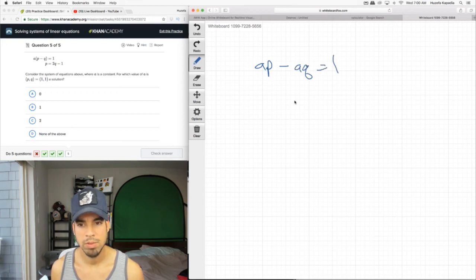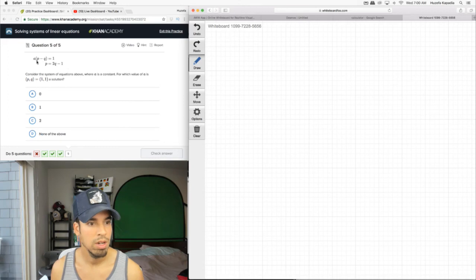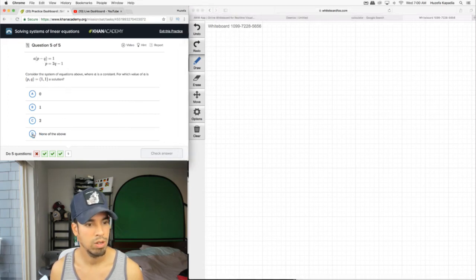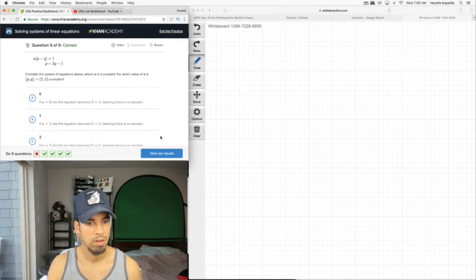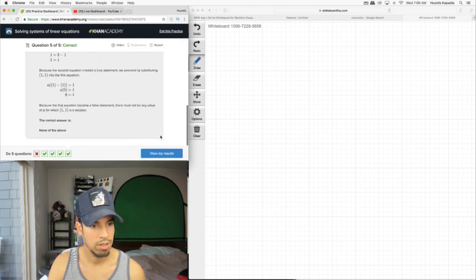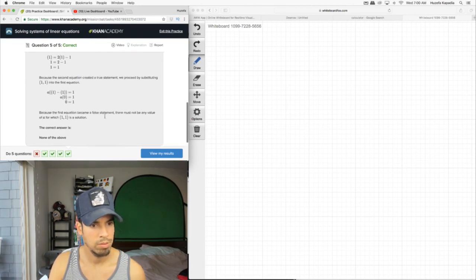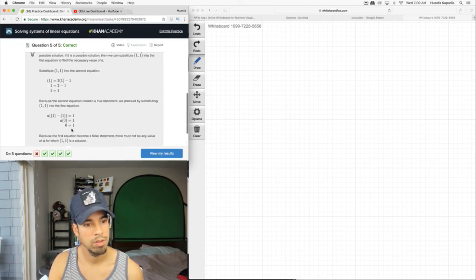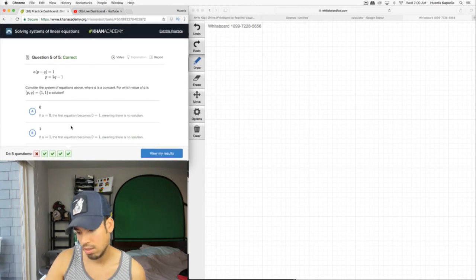And this becomes basically a minus a. It's impossible. I think that's impossible because if it's 1, 1 up here, it's always going to be 0 equals 1. So I do not believe there's a way to do it. Yeah, that's right. Let's see the explanation. Yeah, it becomes a false statement. See, they get that same exact thing.